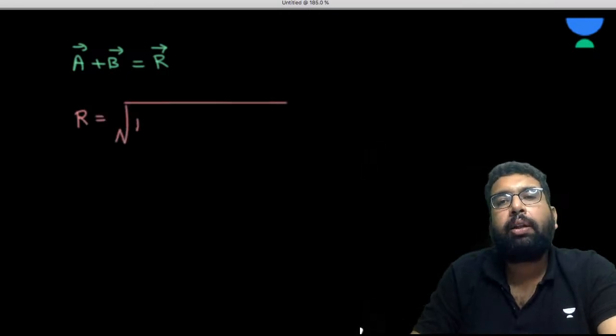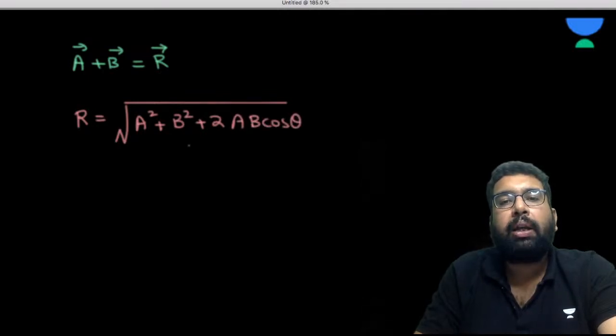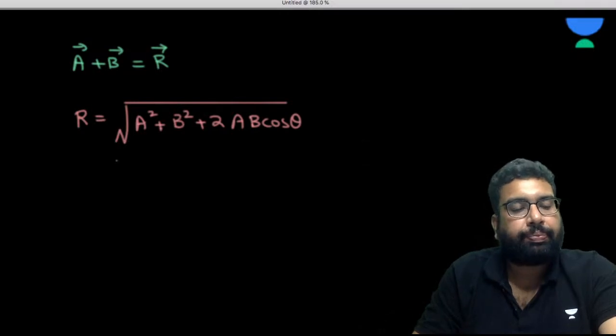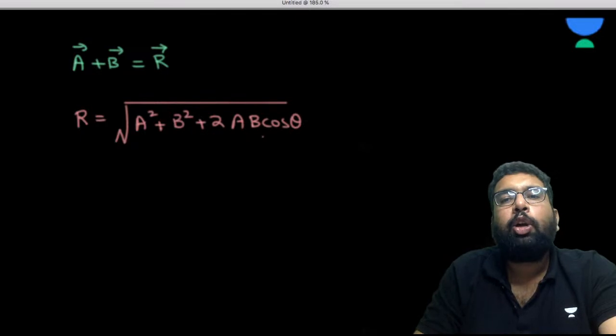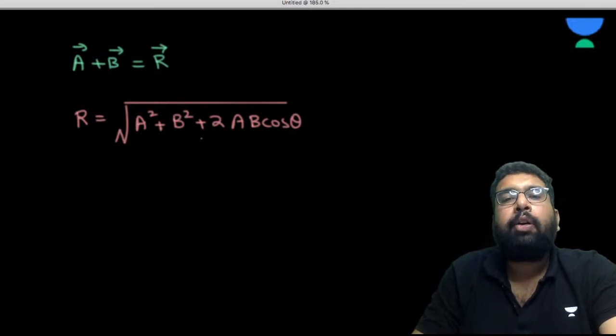One is its magnitude, and one is the direction. So square root of a square plus b square plus 2ab cos theta is going to be the resultant magnitude.